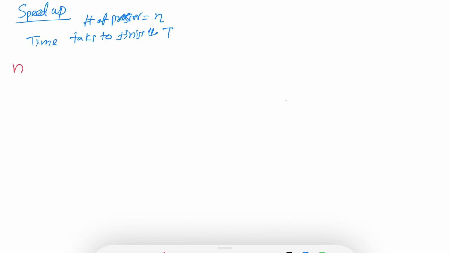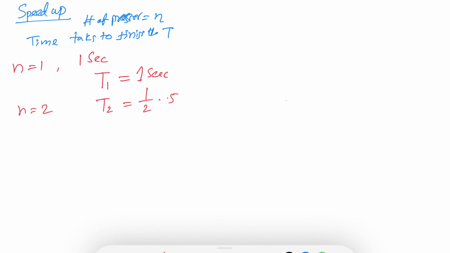Consider n equal to 1 and it takes 1 second to finish one task. Then we can define that t1 is 1 second. However, if the number of processors is 2, then the time taken t2 is 1 upon 2, which is 0.5 second.